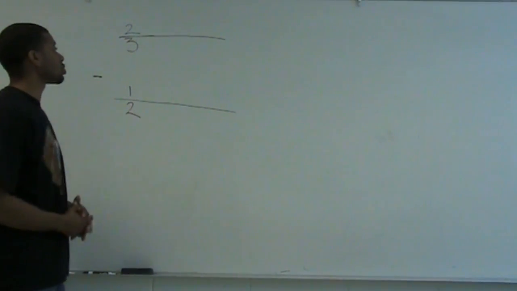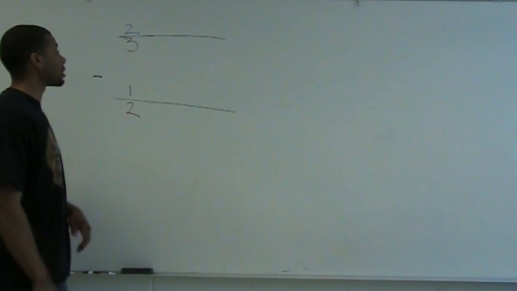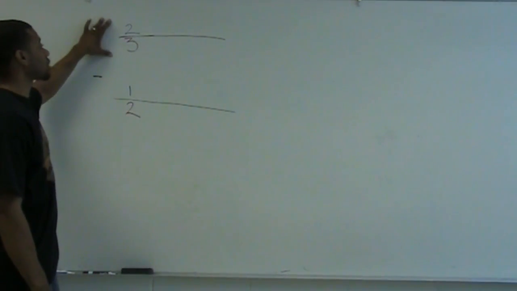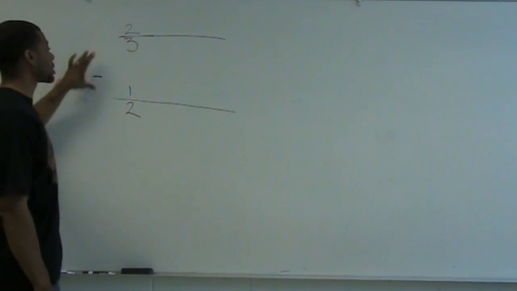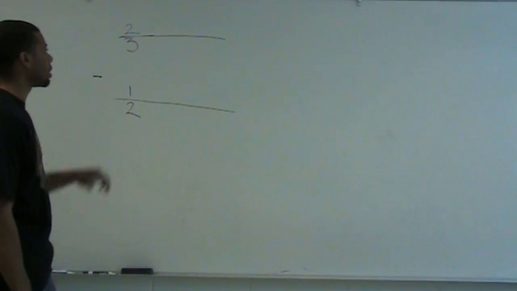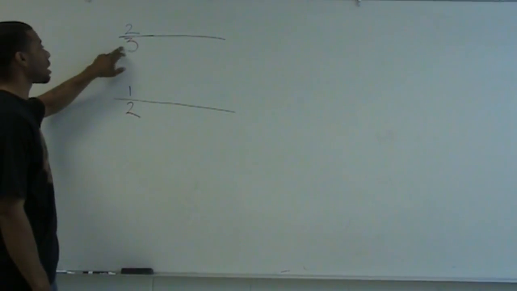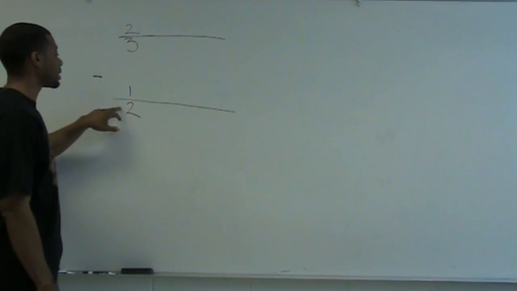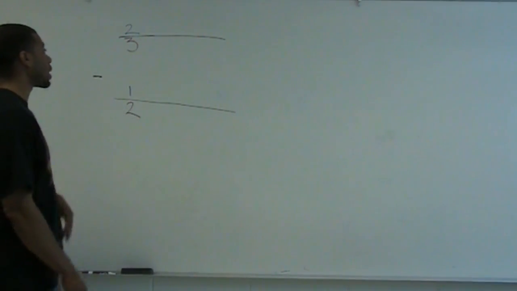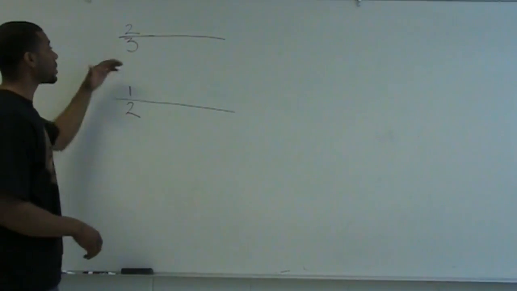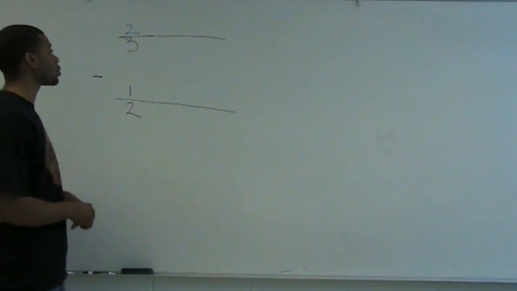All right, now let's do subtracting fractions with unlike denominators. My first fraction is 2/3, and I'm going to subtract from it 1/2, but I can't do anything yet because my denominator here is 3 and my denominator here is 2. So I need to get a common denominator or a least common multiple.